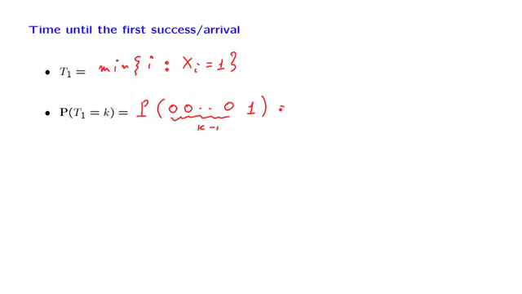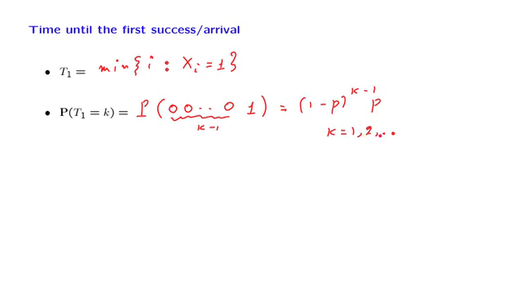And so the probability of this is 1 minus p, the probability of a 0, and we have k minus 1 of them, times p, the probability that the next trial gives us a success. And this formula is valid for k being 1, 2, and so on, which is the range of possible values of this random variable T1.